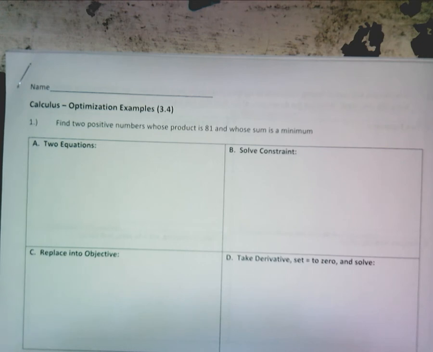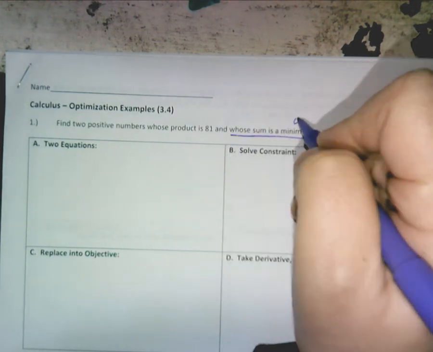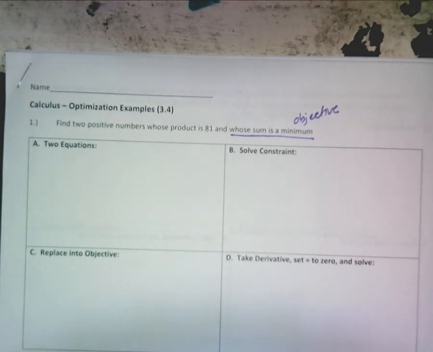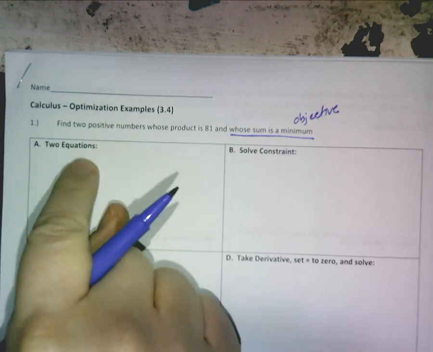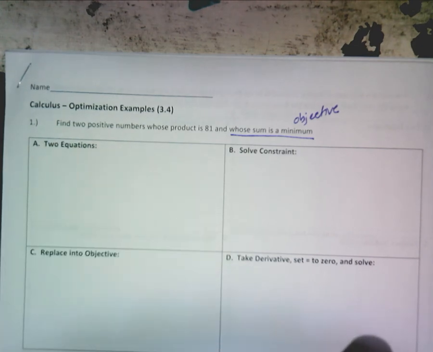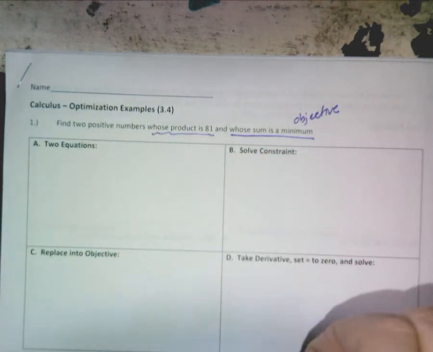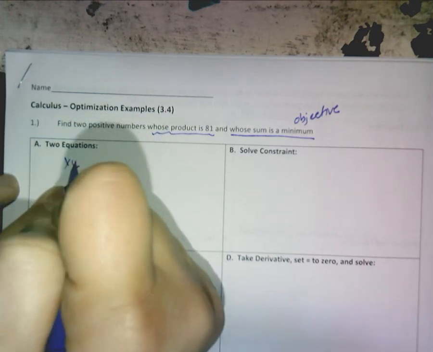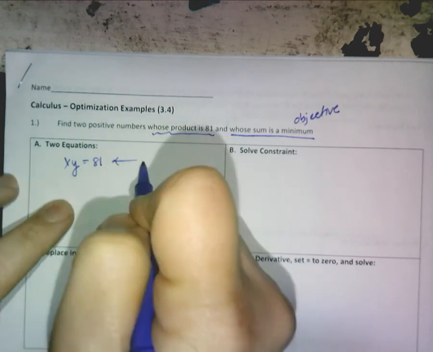No. So this statement right here is what we call your objective. In all optimization problems, you have to write 2 equations. One is called the objective and one is called the constraint. 2 positive numbers whose product is 81 is your constraint. I can say x times y, 2 numbers multiplied together, make 81. That is my constraint.